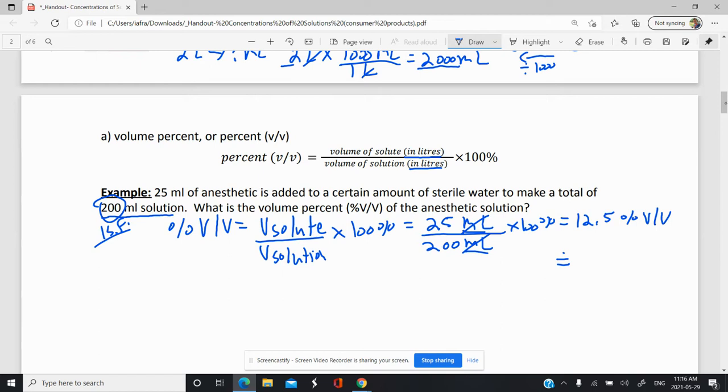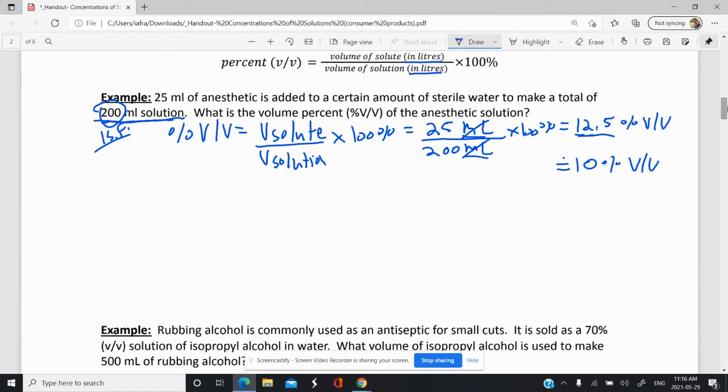So basically, we can round this down to 10, approximately 10% VV, only because we need to round to one significant figure, just because our volume measurement here is not very precise with the instrument that we used. So start off by doing just a regular calculation, and then afterwards you can round to the correct number of sig figs, which is one significant figure in this particular question.